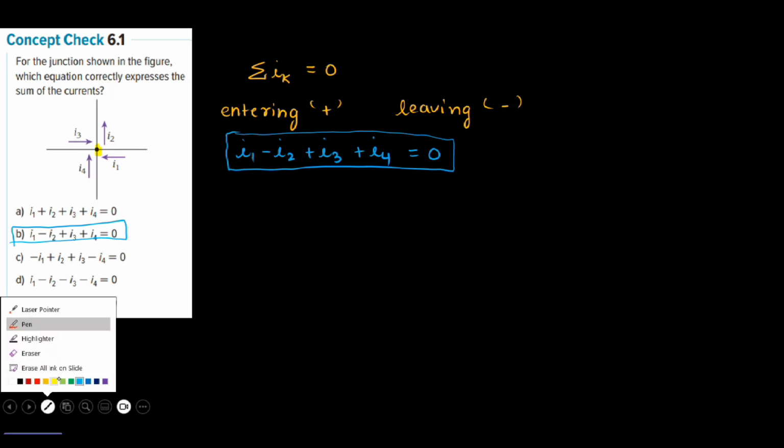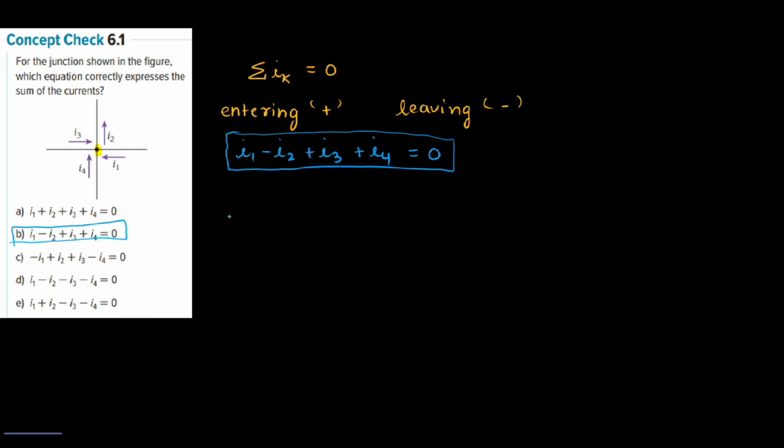You can use another form of Kirchhoff's junction rule to solve this question. The other form says that the sum of all current entering the junction must be equal to the sum of current leaving the junction.